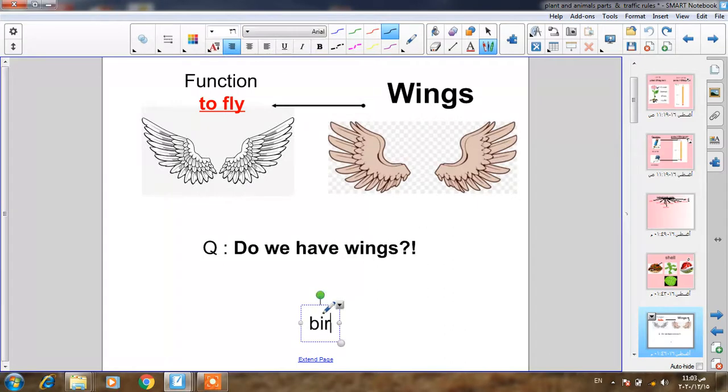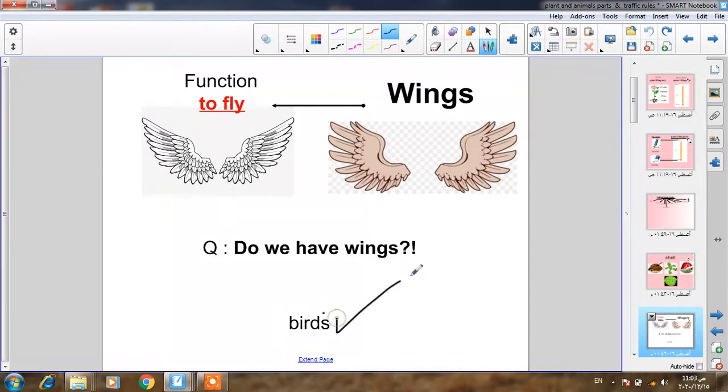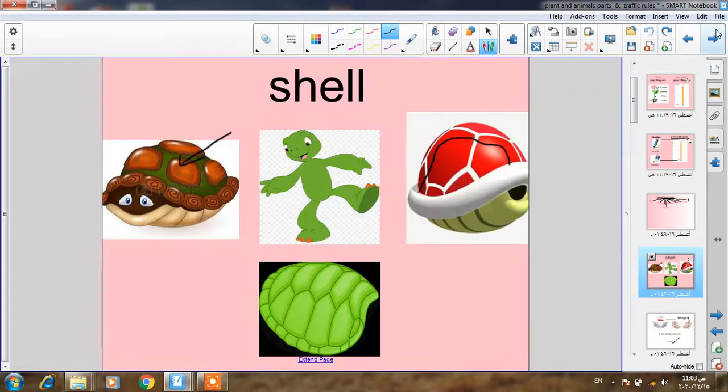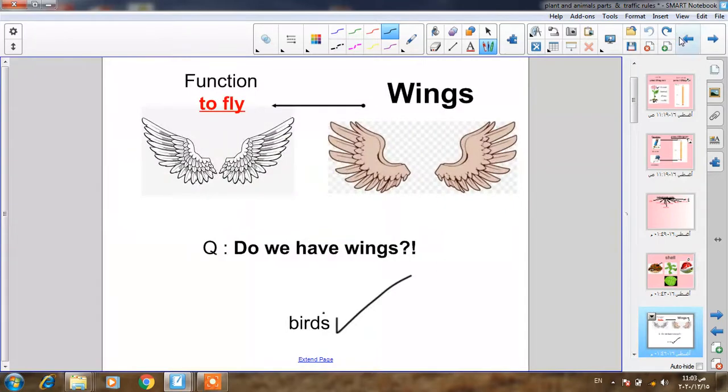Yes, birds. Excellent. Birds have wings. So the first body part is a shell, and the turtle has a shell. The second body part is wings, and we use these wings to fly in the sky. Okay?